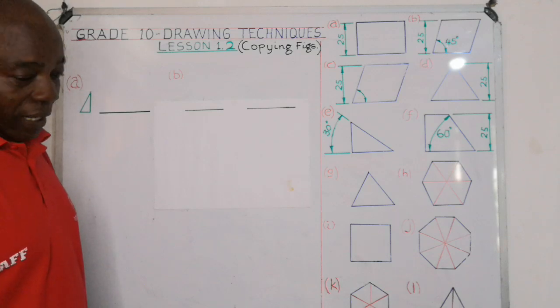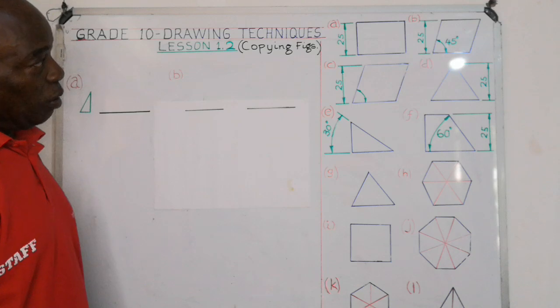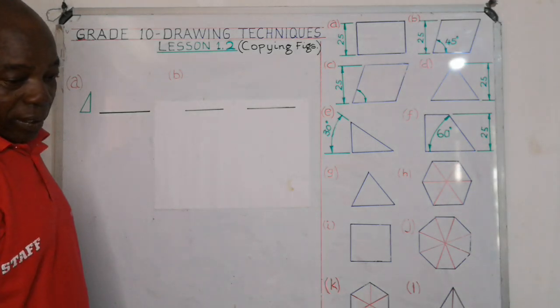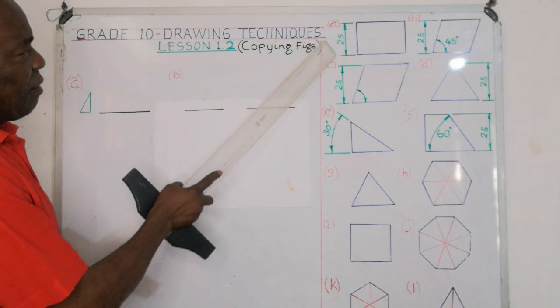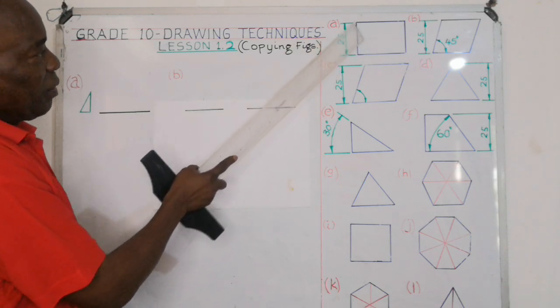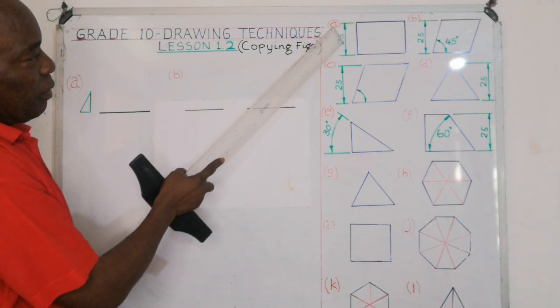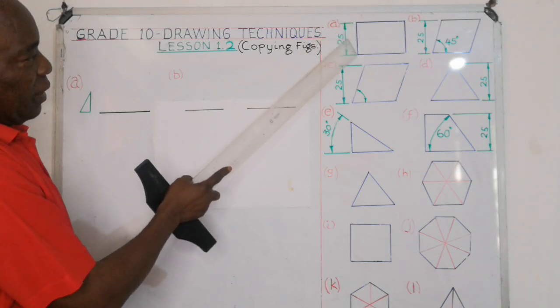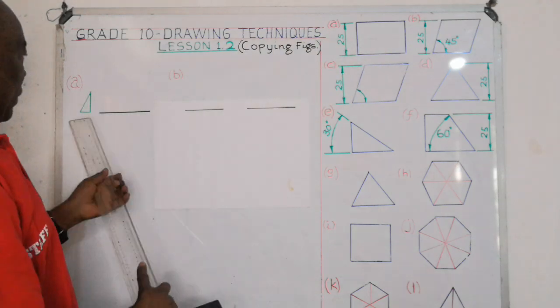So we've got these figures on this side here, and we're going to copy them according to the given dimensions. For example, this rectangle here has got height or width of 25, and the length is not known, so that length is the one which is given here.